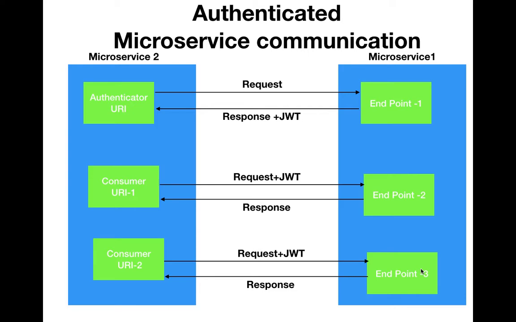But before providing the response, the request needs to have the JWT or JSON Web Token for authenticated access to the endpoints, or else what will happen? Anybody across the world will be able to access our microservice endpoints without any authentication. So first of all, we will authenticate the user, or we will create a new microservice to use the first microservice which is generating the JWT.